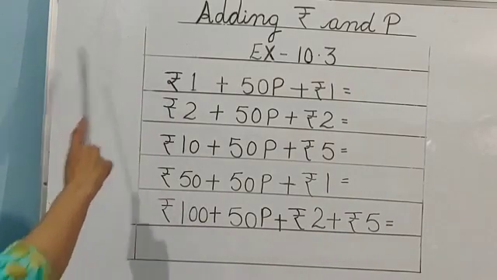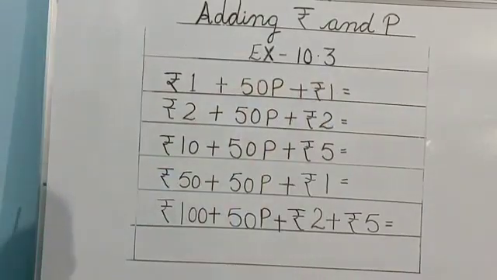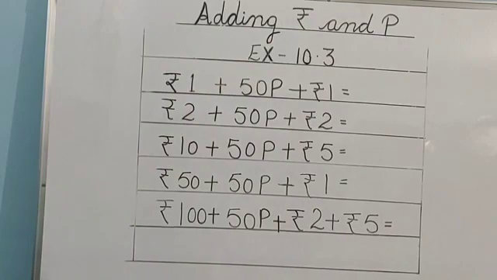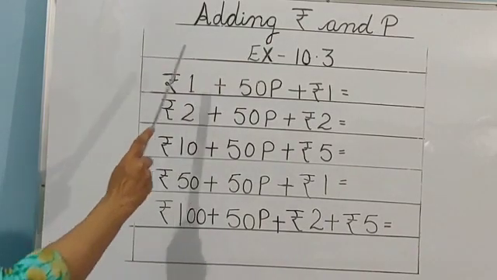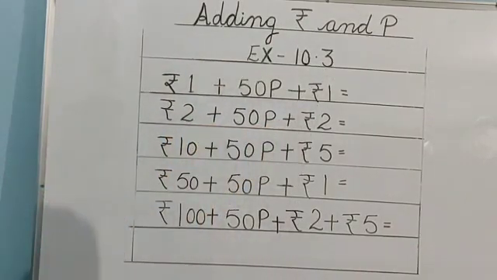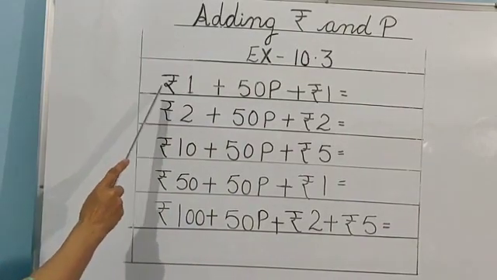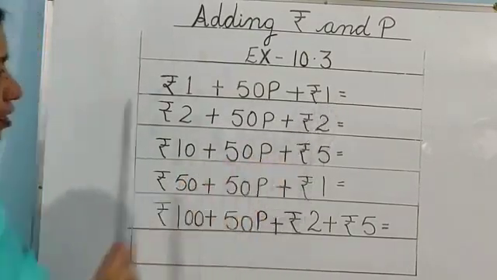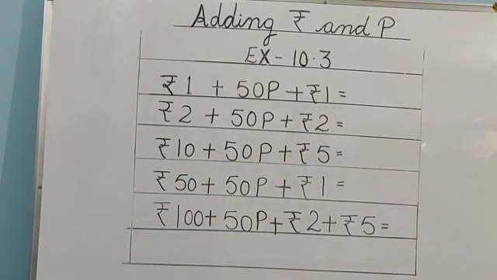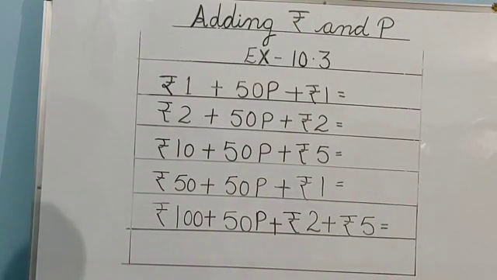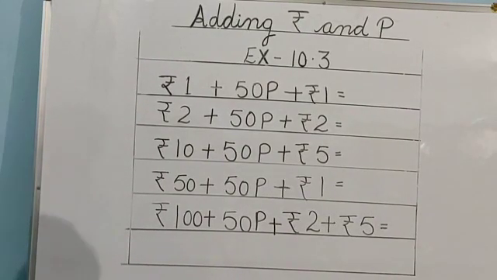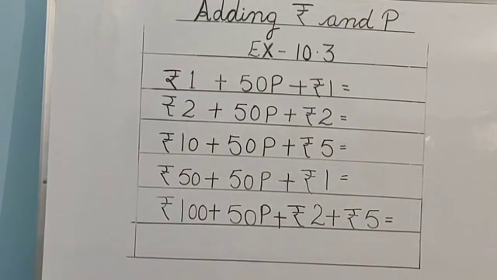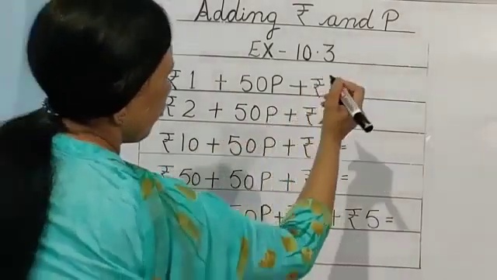Now we will learn how to add rupees and paise. Now this is from exercise 10.3. First question is rupee 1 plus 50 paise plus rupee 1. Now what is the first step? First of all, we will write down rupees.